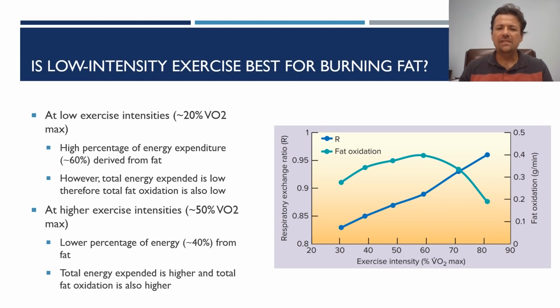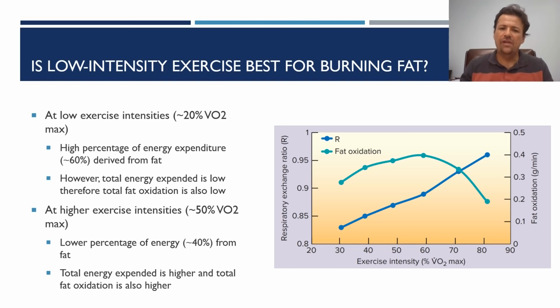Now, this has led again to one of these things that you see around gyms. The fact that they'll tell you that if you want to burn more fat, exercise at a low intensity. And to some extent, what we just saw is that's true, because when you're utilizing low intensity exercise, most of the fuel is fat. However, it's important to remember that in order to consider things like weight loss or the amount of calories burned, you can't only consider the fuel that you're utilizing, but you also have to consider the intensity of the exercise and overall how many calories are being burnt by the exercise.